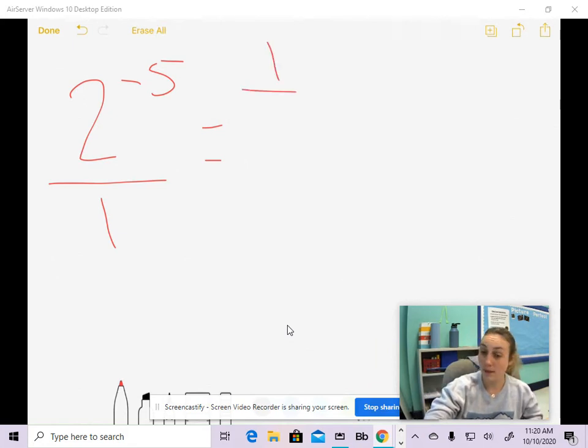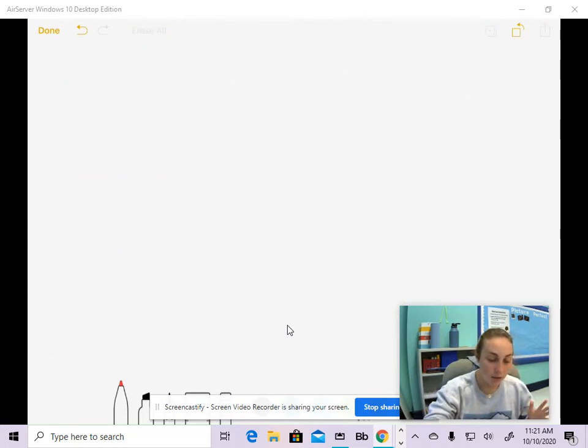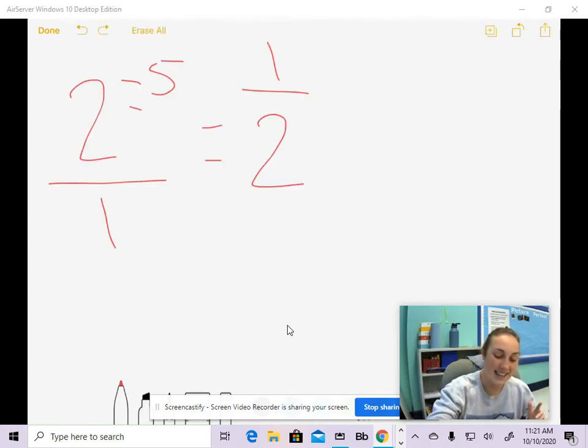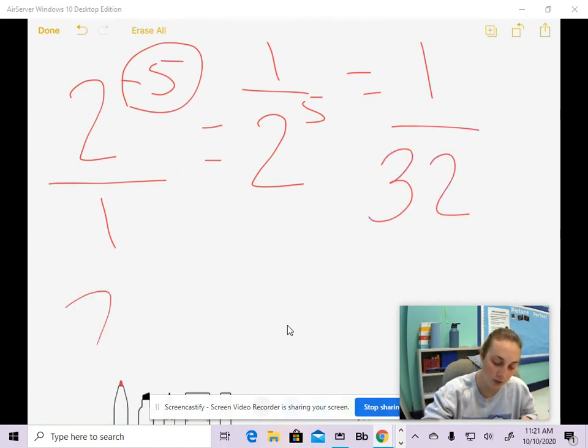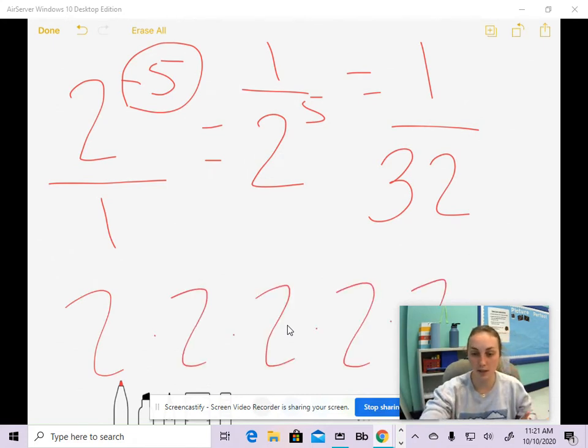So the 1 will be the numerator, and then the 2 would be the denominator. The -5, ooh, I didn't even do that. There we go. The -5 turns into a positive 5, and then you can simplify it. So this would be 1 over 2 times 2 times 2 times 2 times 2, which is going to be 32.